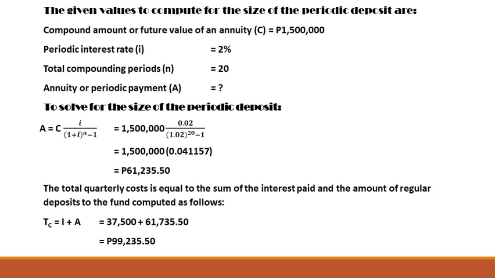Substituting each value, the interest has a value of 37,500 pesos, and the annuity or periodic payment is 61,735 pesos and 50 centavos. By adding these two, we get the total quarterly cost, which is equal to 99,235 pesos and 50 centavos.